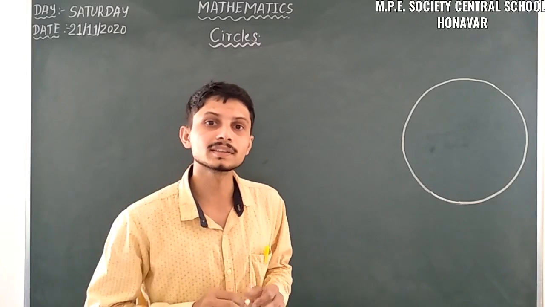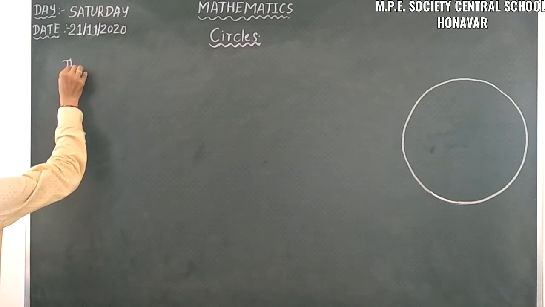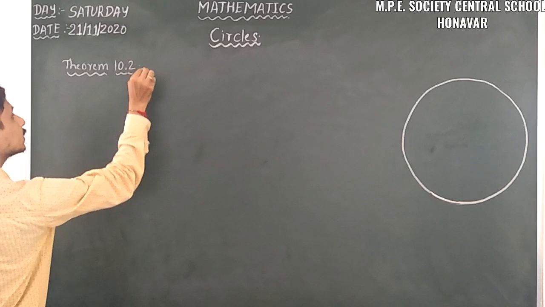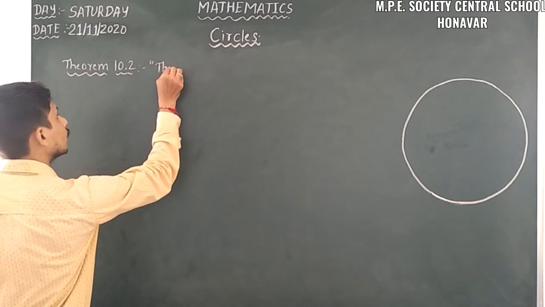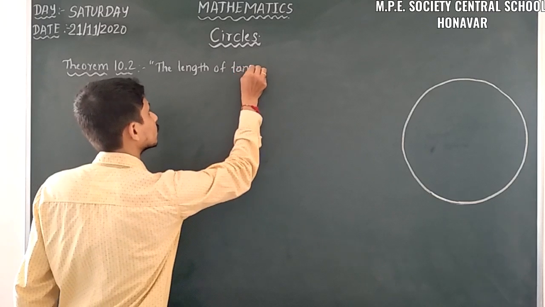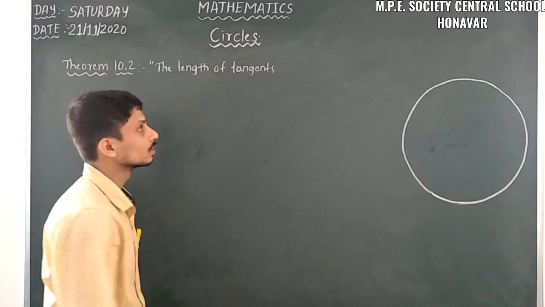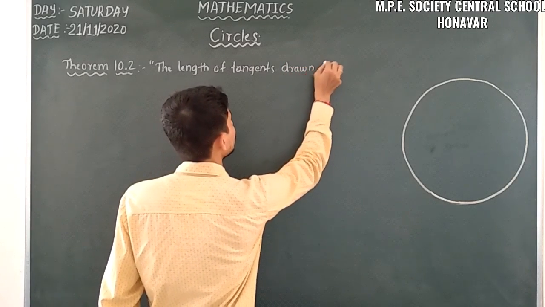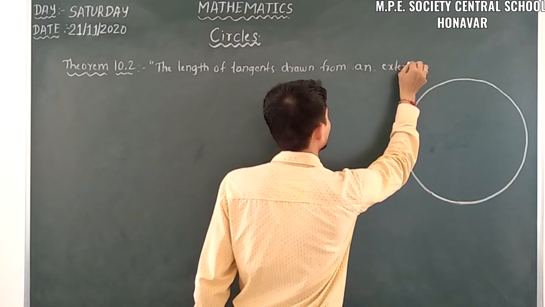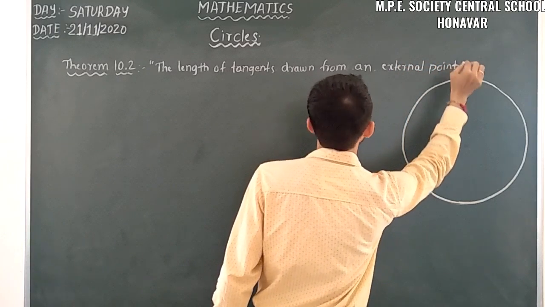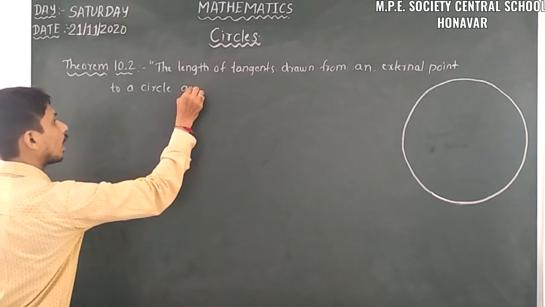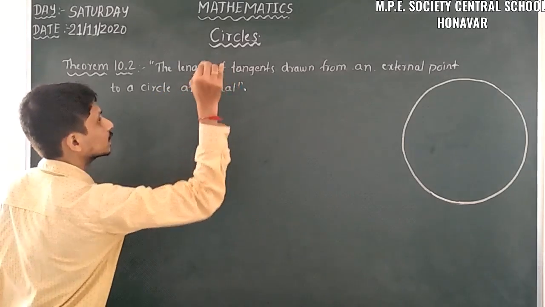Let us take theorem 10.2: the length of tangents drawn from an external point to a circle are equal. Yes, so we have to prove that one.